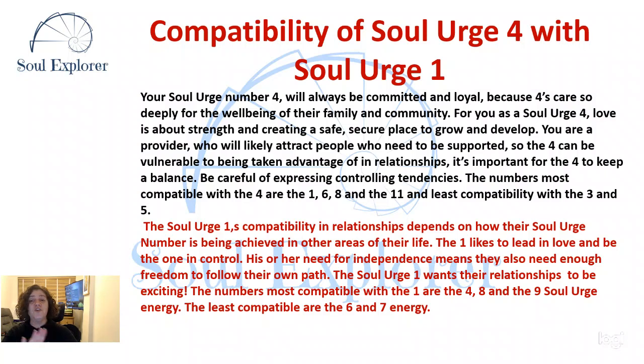So focusing on the soul urge 1 with the soul urge 4. Their compatibility in any relationship, no matter what the number is, depends on how, if they are a soul urge 1, that is manifesting in other areas of their life.